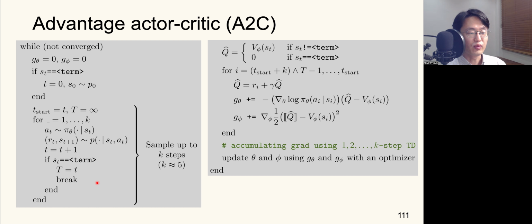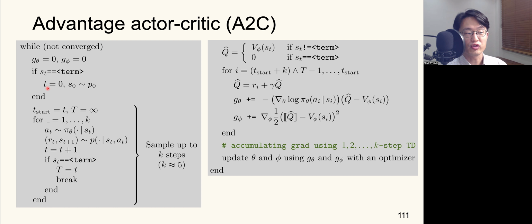So let's read through the algorithm despite the details, because it's going to be worthwhile. We have this while loop, and our algorithm will iterate until it has converged. Initially, we do the zero grad operation, so we set the gradients equal to 0. If we're at a terminal state, then we set the time step back to 0.